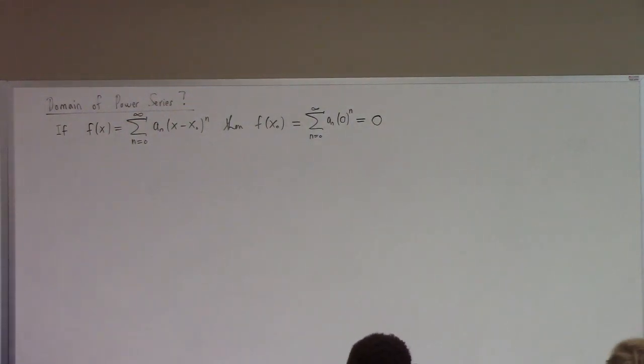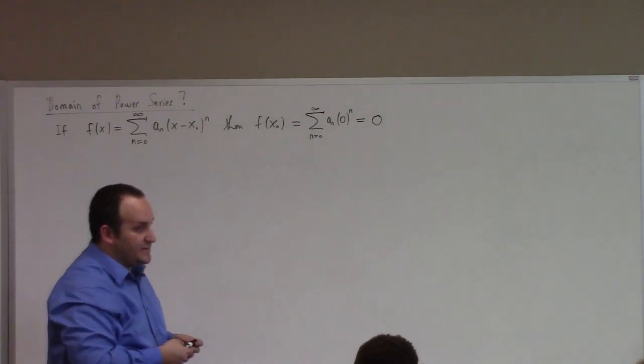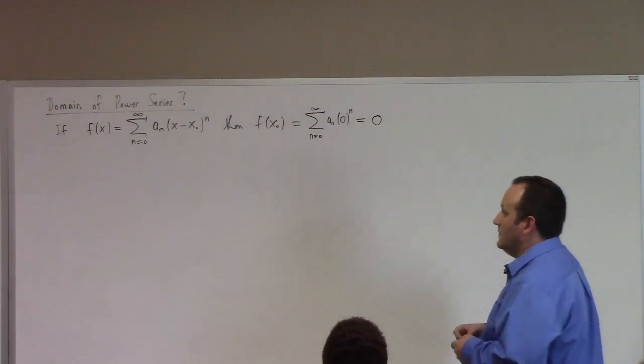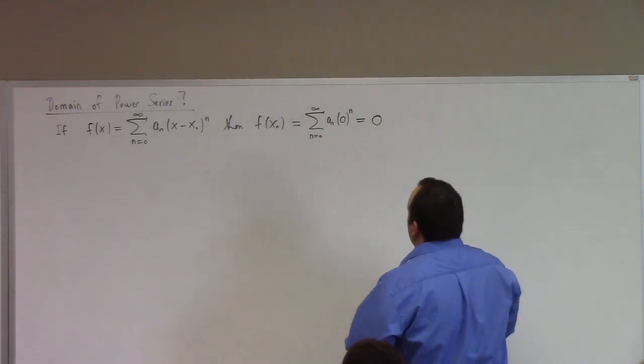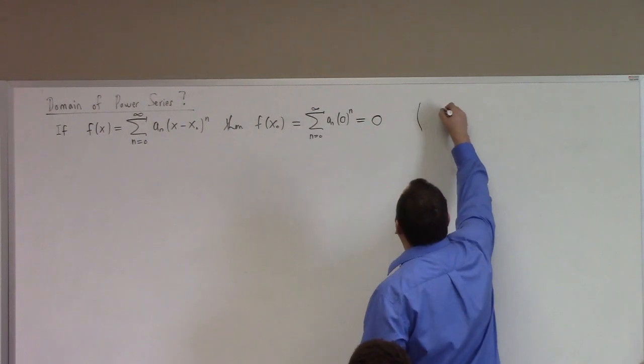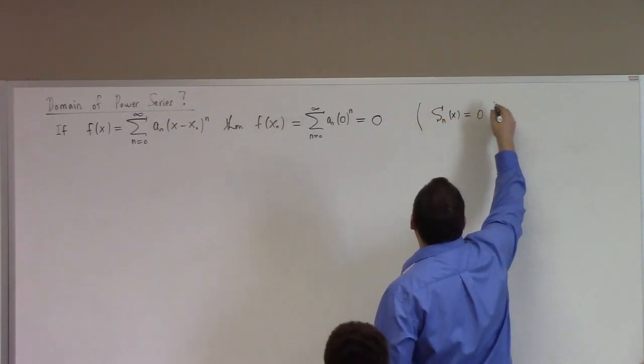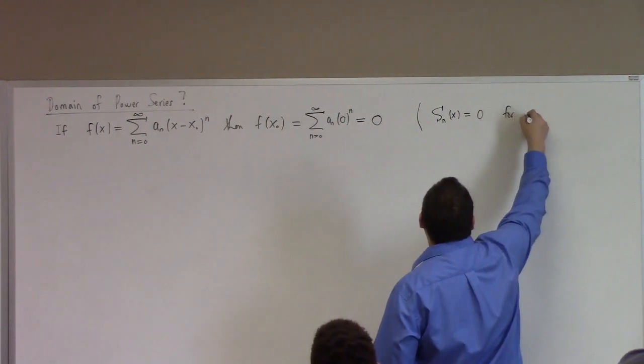I guess one of the things I should say is, what should the domain be? The first term over there, isn't 0 to the 0 indeterminate? Well, this is not something limiting to 0. This is 0. So you could show that the nth partial sum for x naught is equal to 0 for any n.